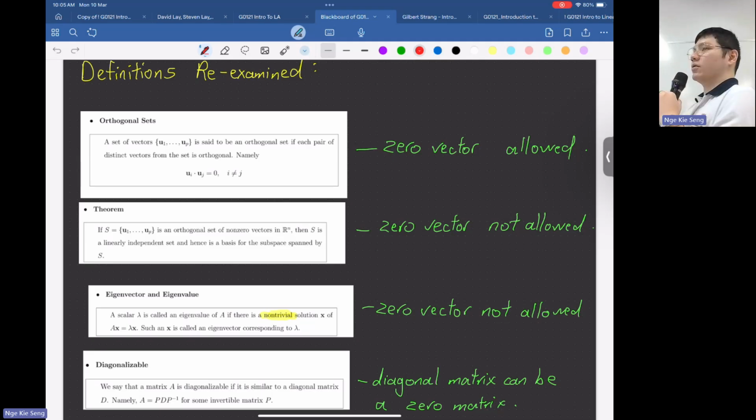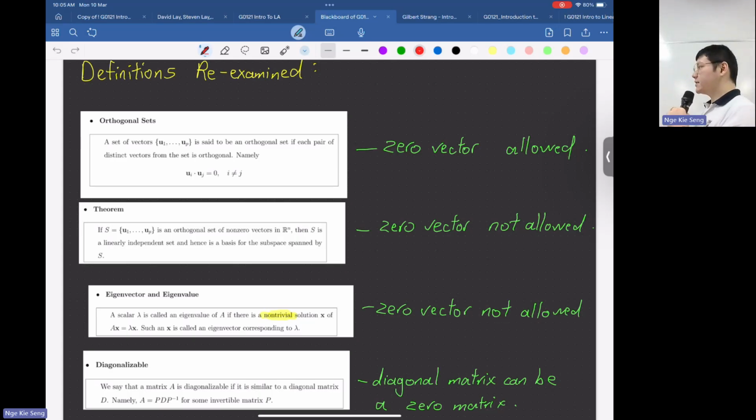In this case, there's no restriction on whether you can or cannot take the zero vector. Obviously the zero vector is orthogonal to every vector, right? Because you always get 0 if you take the dot product.